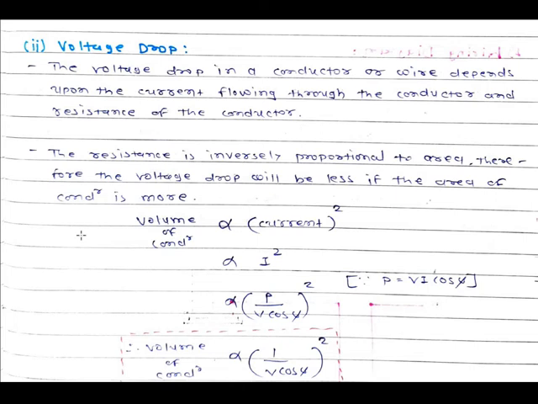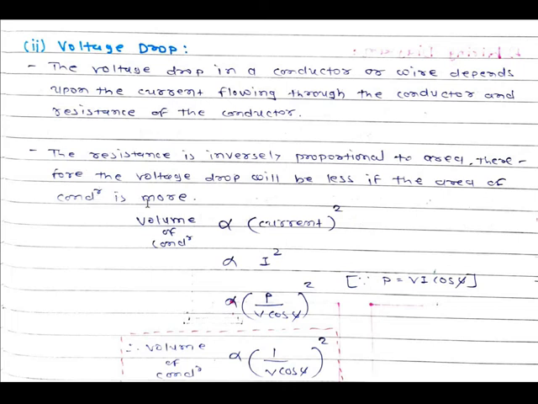And we know that the resistance R is equal to rho L by A, where A is the area. So the resistance is inversely proportional to the area, and therefore the voltage drop will be less if the area of the conductor is more.